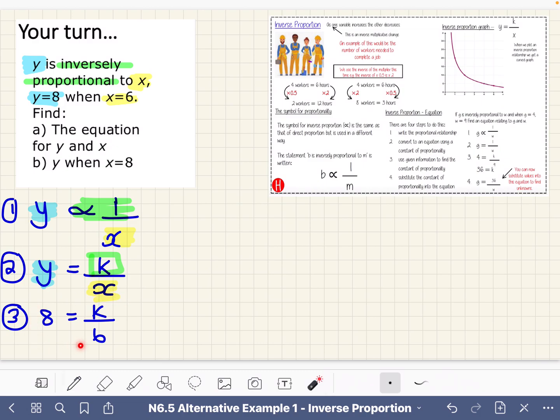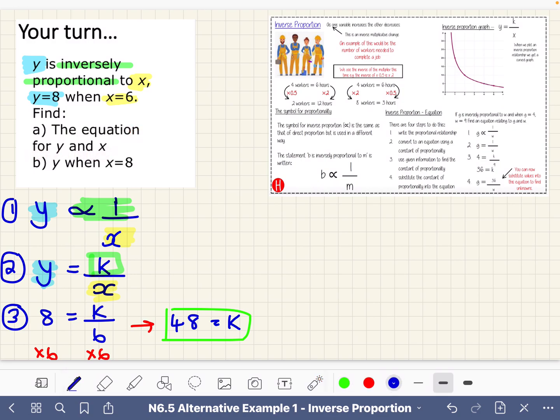A one-step equation we have here, we will want to get k on its own, and at the moment it's being divided by 6. That means we would multiply both sides by 6 to work out what k is. 8 times 6 is 48, which is equal to k. We would like to substitute this in to our equation that we had here to help us form the equation for y and x.